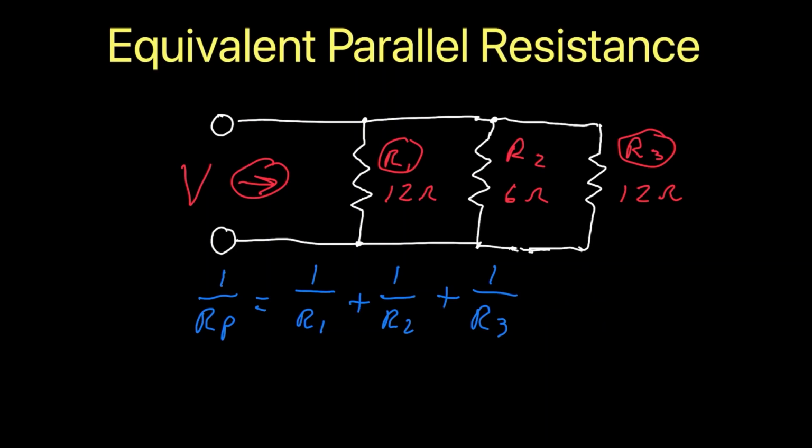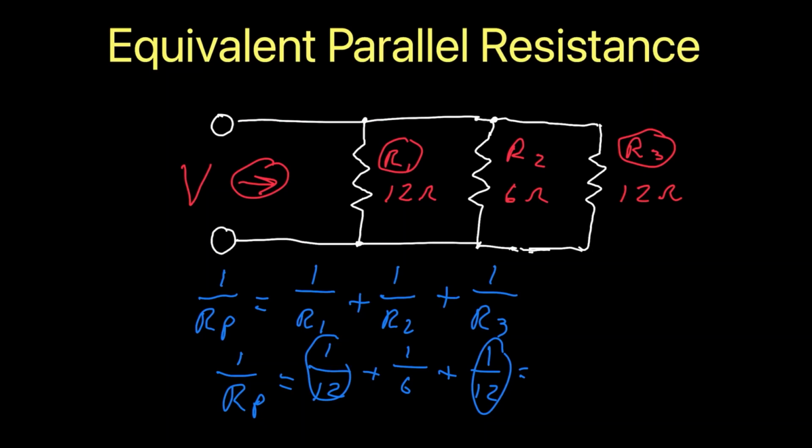So in this case, we have 1 divided by Rp is equal to 1 divided by 12 plus 1 divided by 6 plus 1 divided by 12. And so you can combine the 1 divided by 12 together.